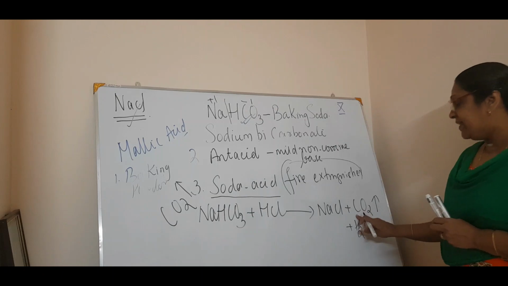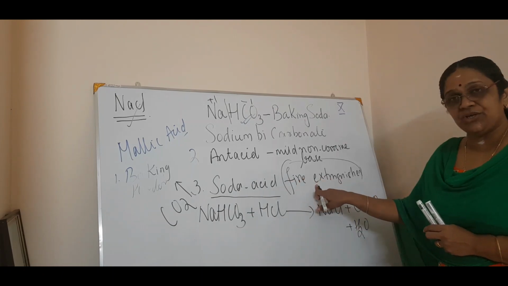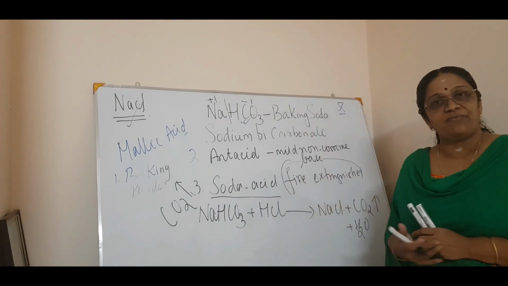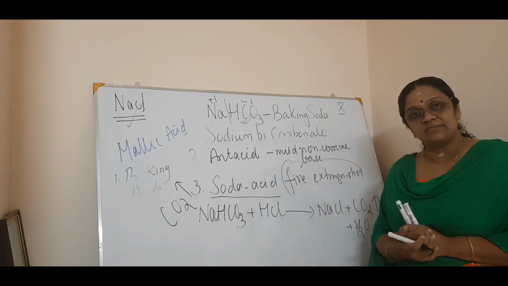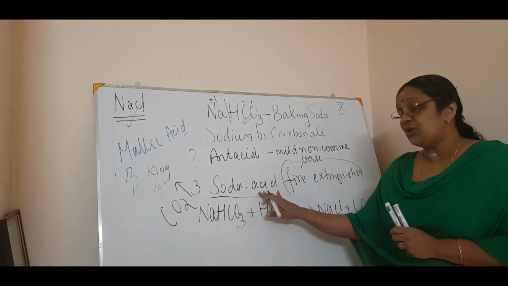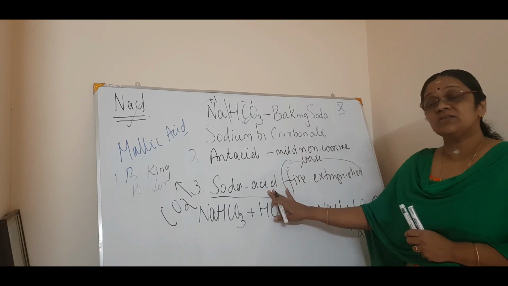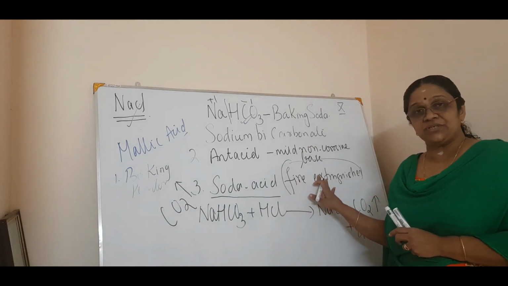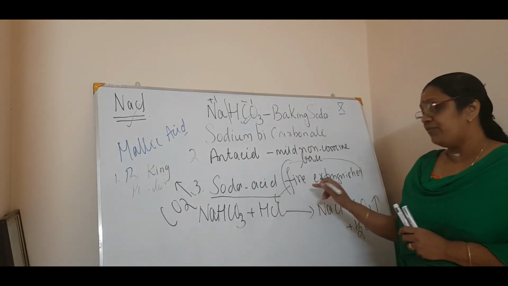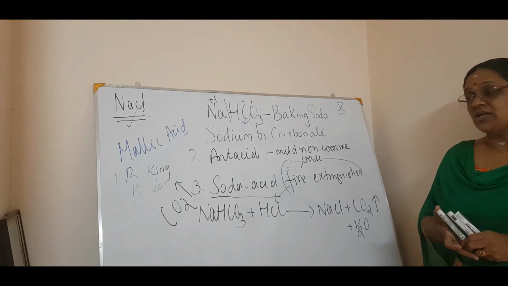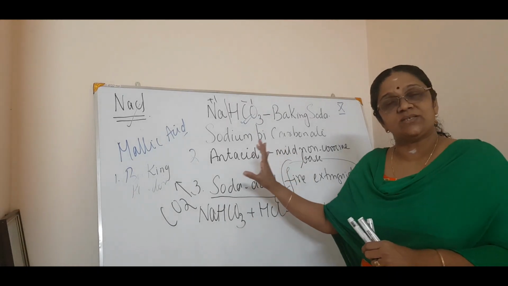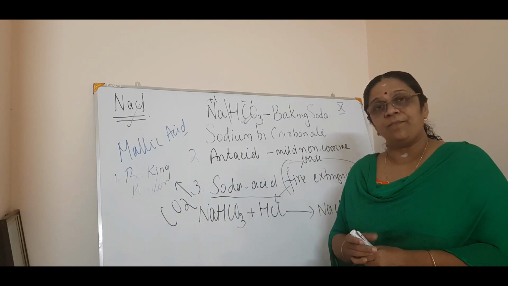When this carbon dioxide escapes from this extinguisher, it will extinguish the fire. That is the use of sodium bicarbonate in soda acid fire extinguisher. Now you know the chemistry behind the fire extinguisher. So these are the three uses of baking soda.